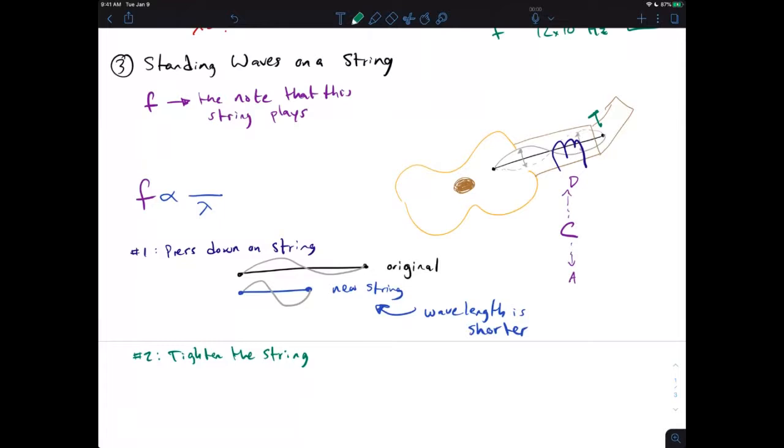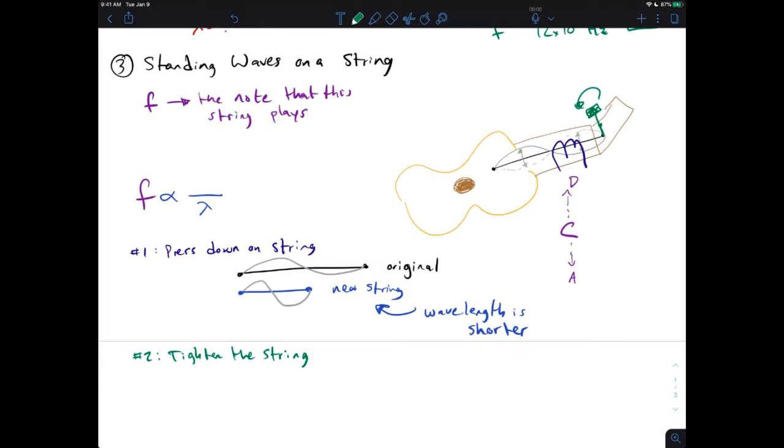You twist it, and what happens is it actually tightens the string. The tighter it is, the higher the note will be. You've probably heard this, like if you're tightening this string, the note that's going to come out.